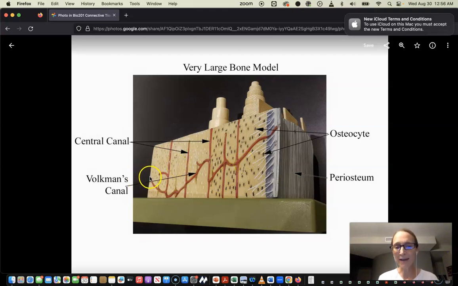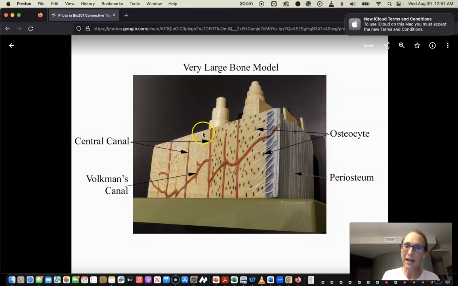So you actually have these Volkmann's canals that run across these osteons. So these are canals running from osteon to osteon, connecting blood flow, again, from this central area here where the red marrow is, all the way through these osteons connecting each central canal.